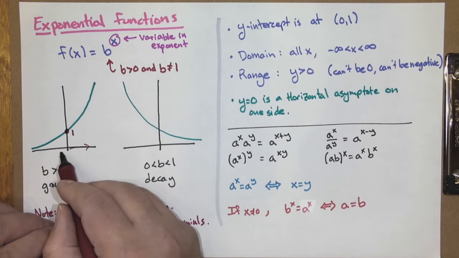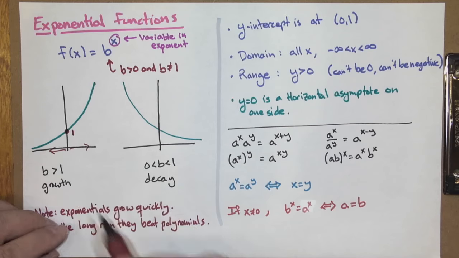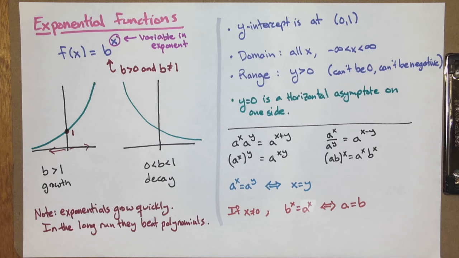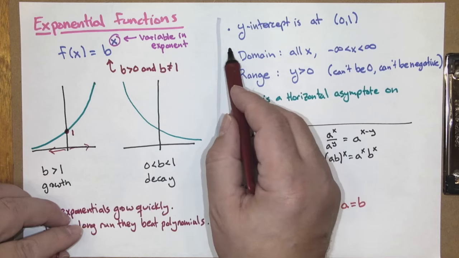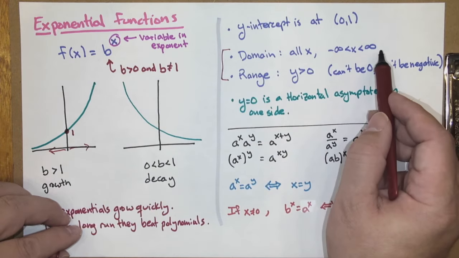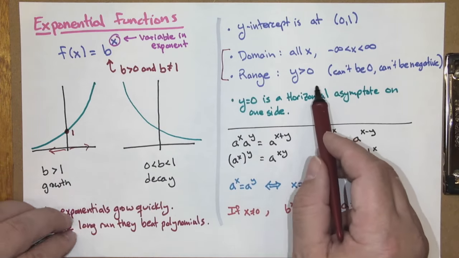On the other hand, as we move to the left, so smaller values of the exponent, we're going to get smaller. But here's an important thing. The exponential functions will always stay positive. You can't get to 0. You can't get to negative values. So b to the x, always positive. So that's one of the things we say over here. Our domain, you can plug anything in you want, but our range will always be positive.